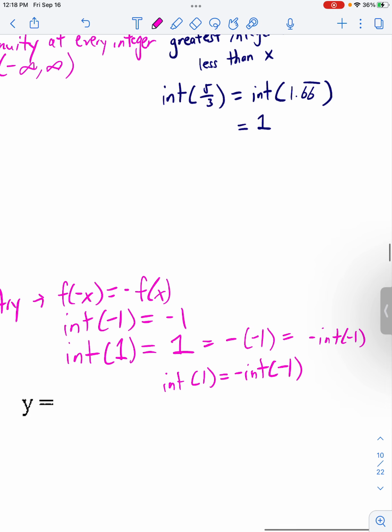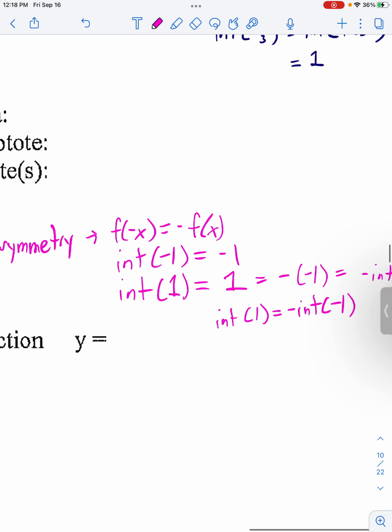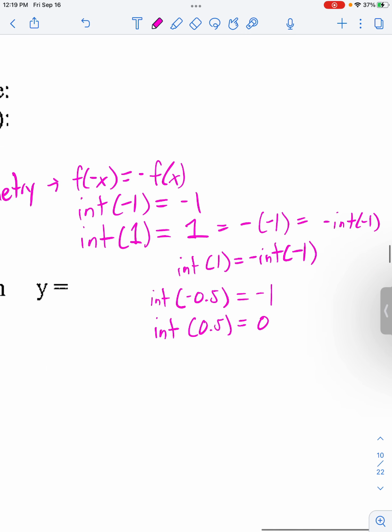So it works for x equals 1, so we're thinking, okay, maybe it does have odd symmetry, right? This condition does hold for x equals negative 1. Let's think of x equals 0.5. Int of negative 0.5 is going to be what? Negative 1. Yep. Int of positive 0.5 is going to be 0. Uh-oh.